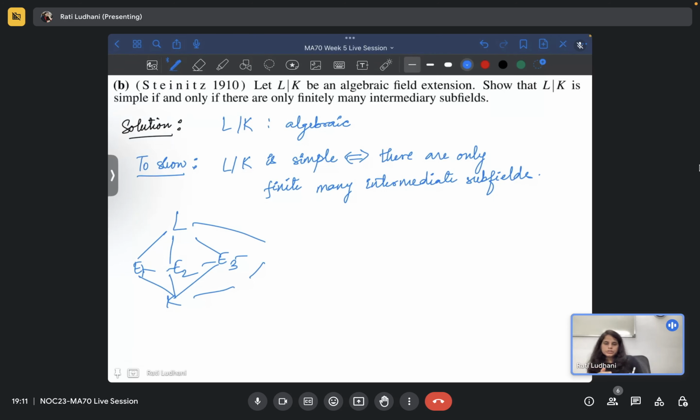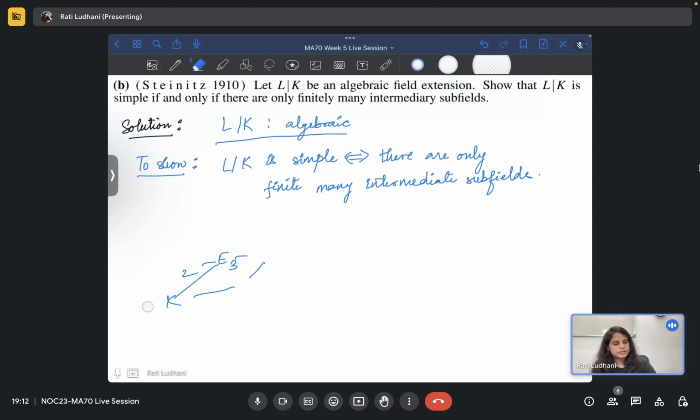The condition says L over K is simple if and only if there are only finitely many intermediate subfields. If L over K is given to be algebraic, that is also a condition which we have to use. I hope the question is clear. So these are the intermediate subfields in between. So we have to prove that these are finite.